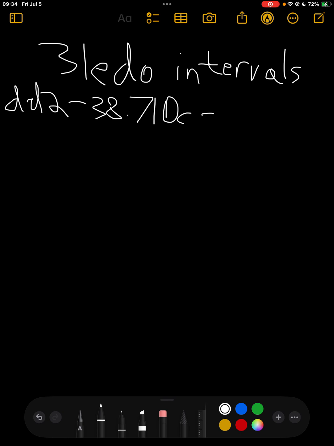Okay, maybe what I could do is like this. That's a complicated ratio also, 400 to 391. I'm trying to find something simple here. You know, let's try 40 cents.